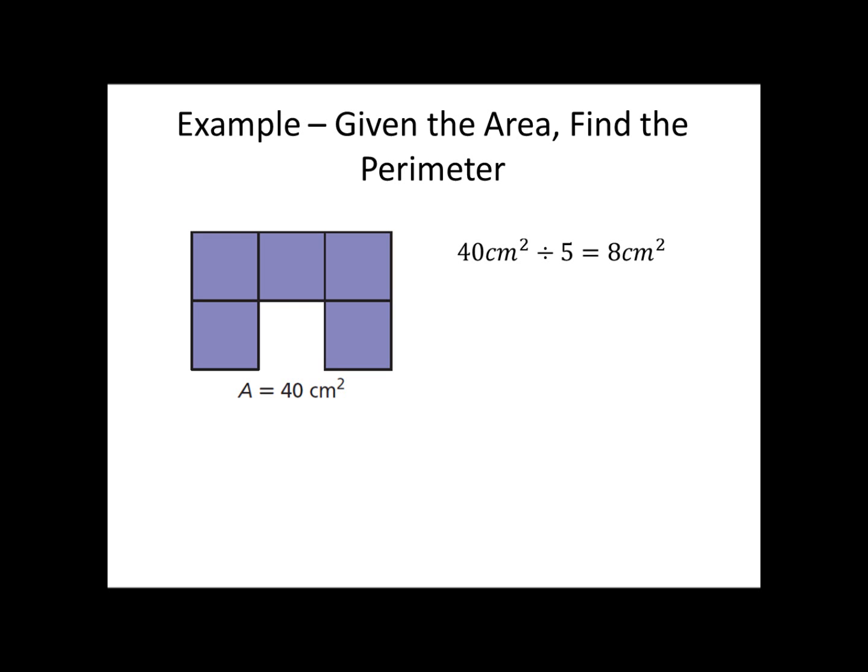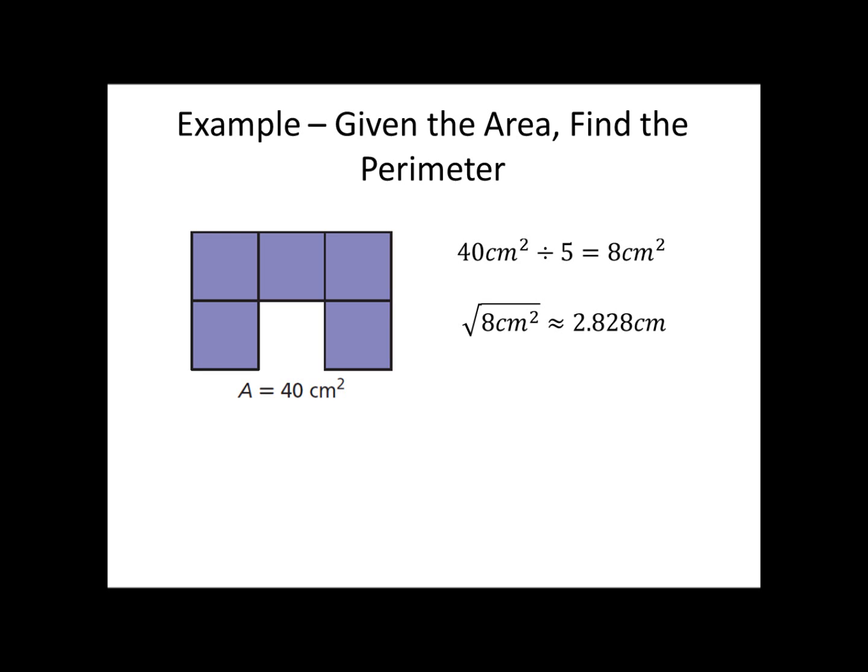Because if I know the area of that square, I take the square root, and that's the perimeter. Excuse me, that's the length of one side, not the perimeter. Getting ahead of myself here. So I take the square root of the 8 centimeters squared, and that's about 2.828 centimeters. So each of these black lines is 2.828 centimeters.